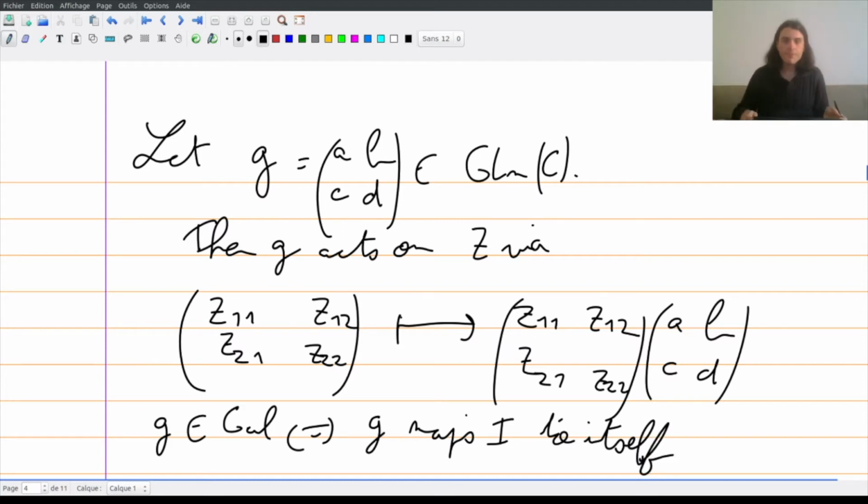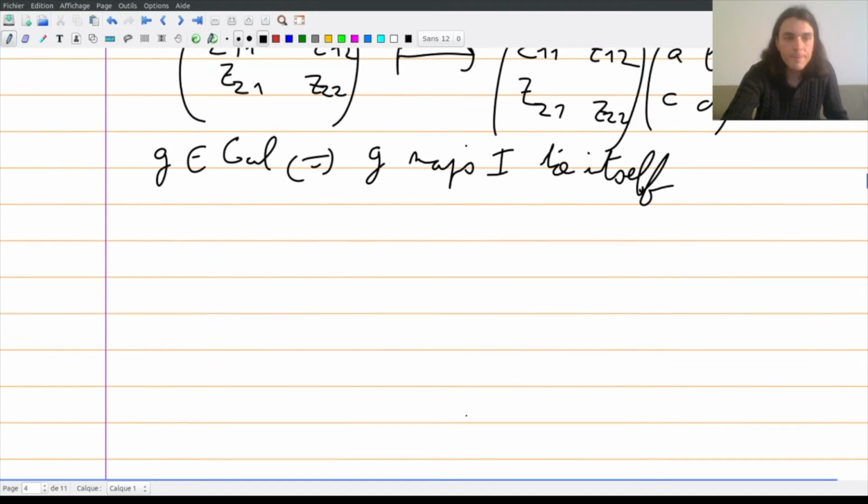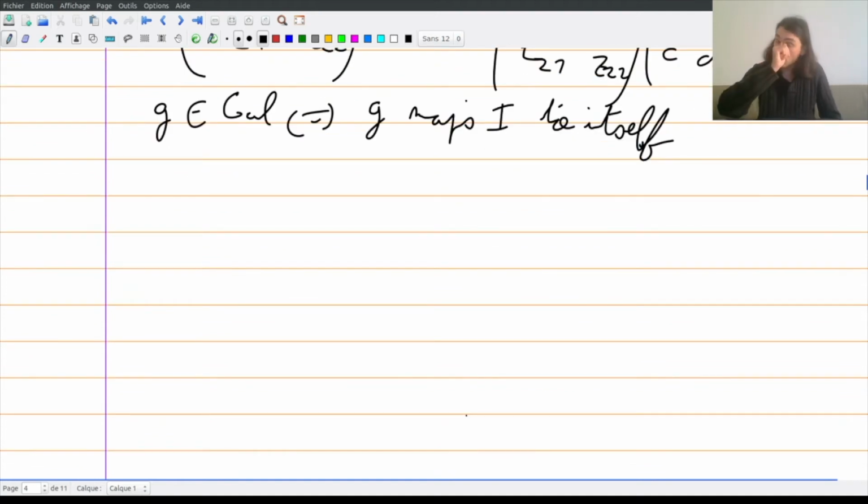So we are looking at automorphisms, at matrices that preserve the ideal that defines it. And we will see that I is very closely related to the algebraic relations.